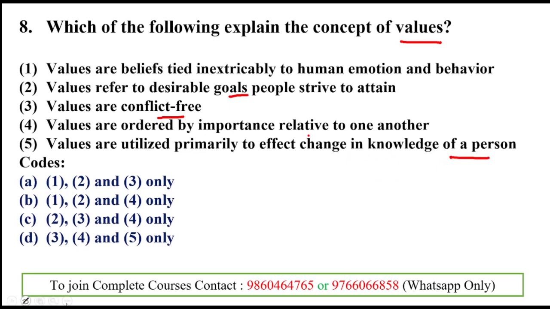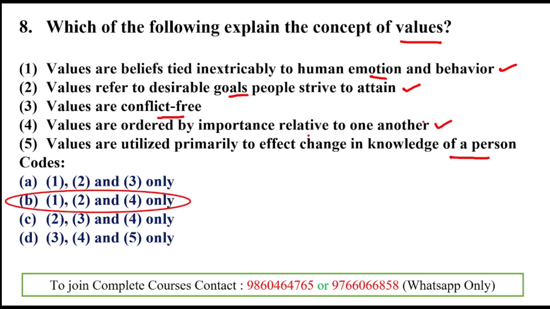Clear? So the right option for this question is 1, 2 and 4. It is very much related to emotion, inextricably tied to human emotion and behavior, and it is related to goals. To attain goals, people refer to values, and the fourth one, it changes according to the importance given by the person.